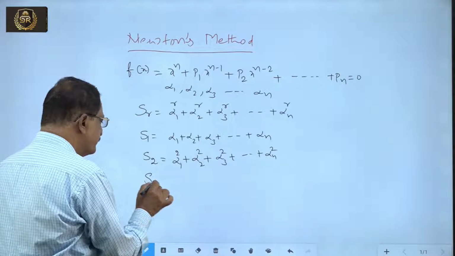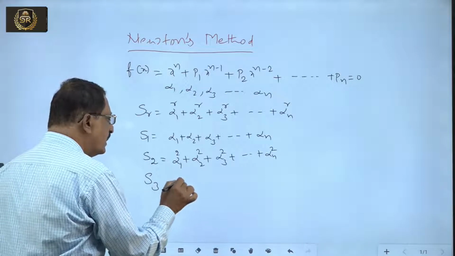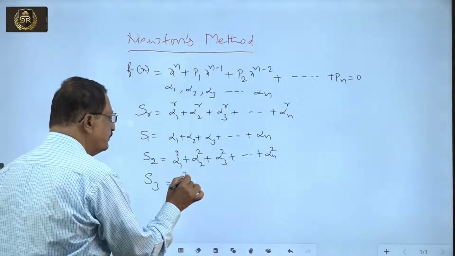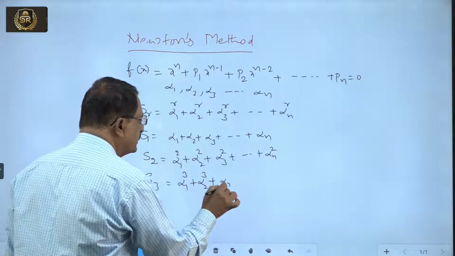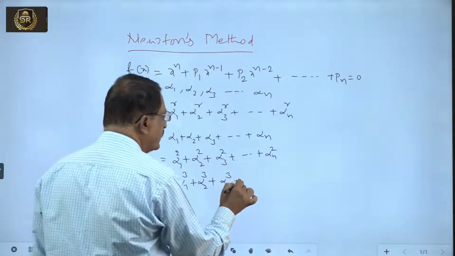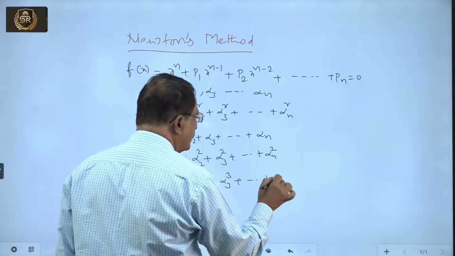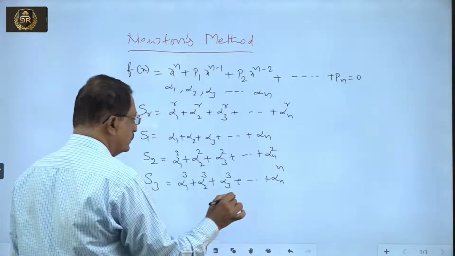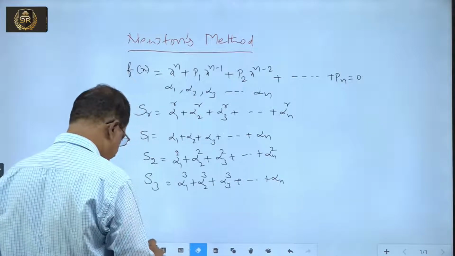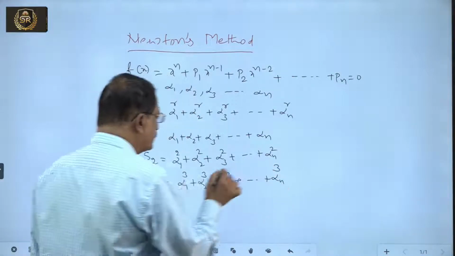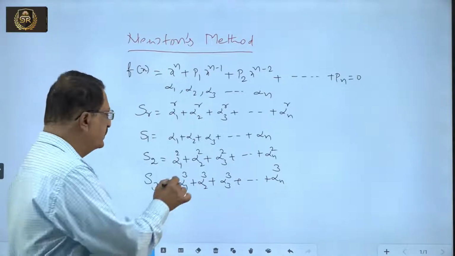S3 equals alpha 1 cube plus alpha 2 cube plus alpha 3 cube plus up to so on alpha n cube, meaning sum of cubes of roots.